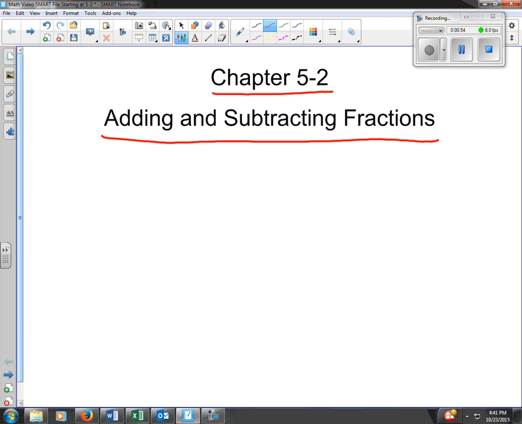Okay, we're going to start very simply with some examples just to dust the cobwebs off and get us back into shape here. If I have 5/9 plus 2/9, we already have common denominators. Common means these 9s are the same. They both have 9s, so I can just add straight across.